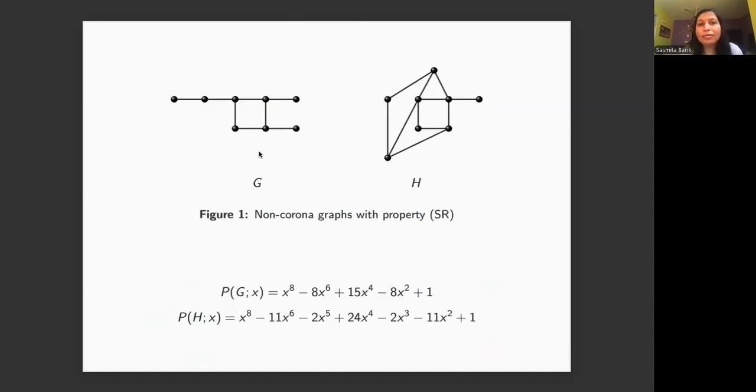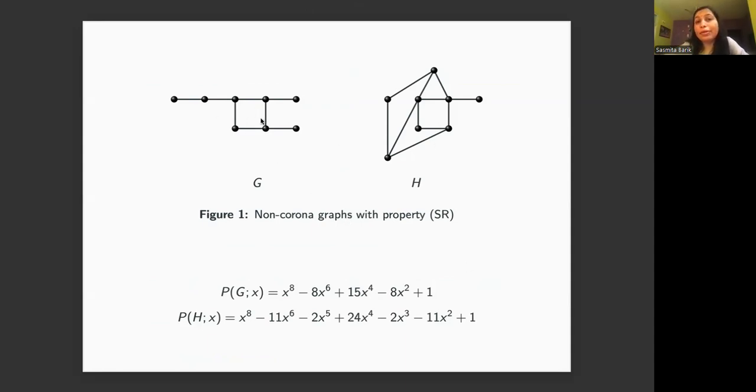Now, obviously, the question is whether all graphs satisfying property SR are coronas, or whether there are other graphs. We now know that there are other graphs, and we got examples of non-corona graphs which satisfy property R and SR. So these are the two graphs.